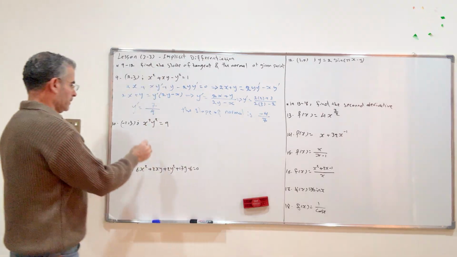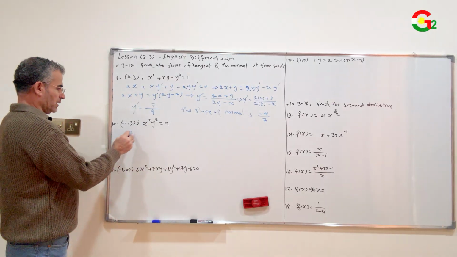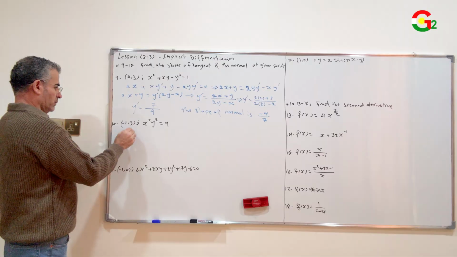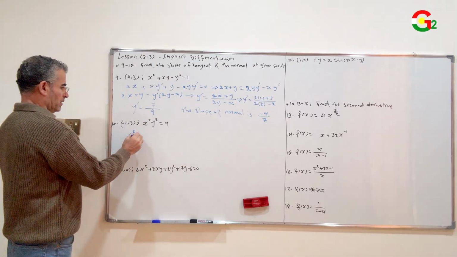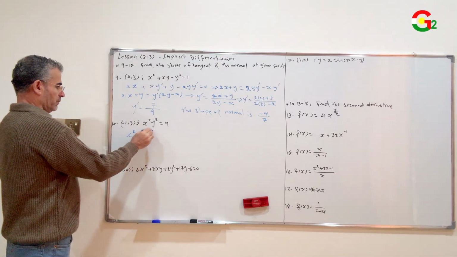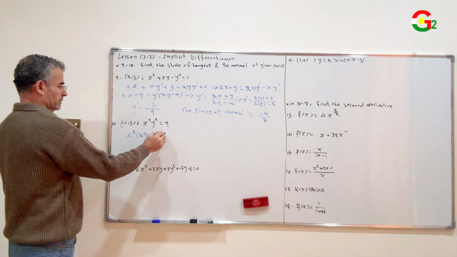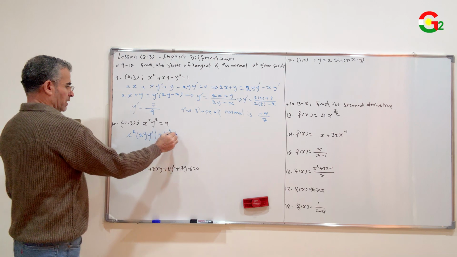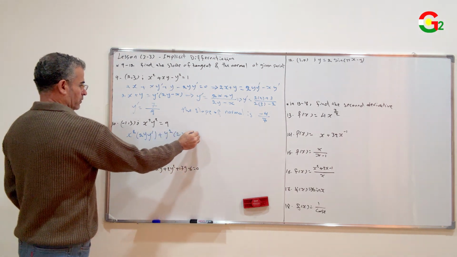Question number 10, differentiate both sides with respect to x: x power 2 times 2y y prime plus y square times 2x equals 0.